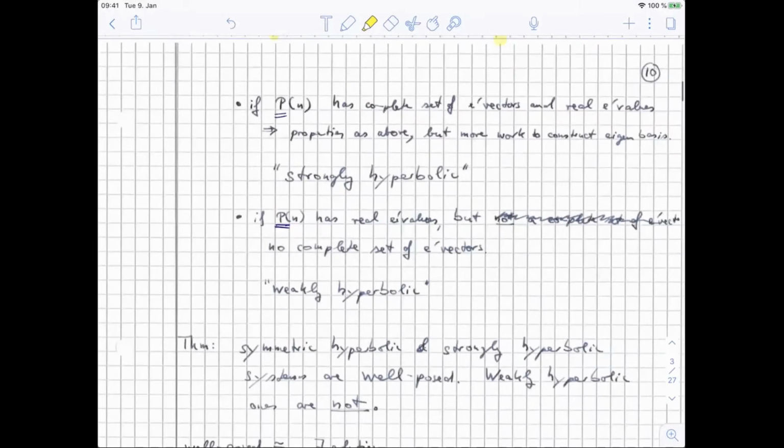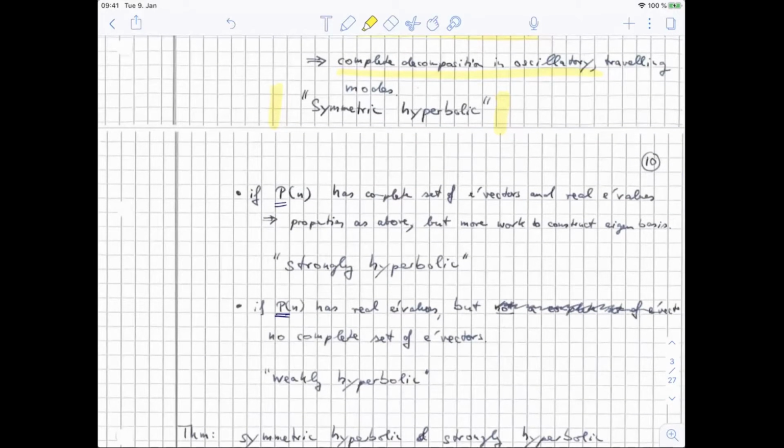If P of n is not symmetric or symmetrizable, but it still has a complete set of eigenvectors and real eigenvalues, then the properties are just as mentioned, but it will be more work to construct the eigenbasis. So it's a little bit harder to do, but everything still works out. And this goes under the name of strongly hyperbolic.